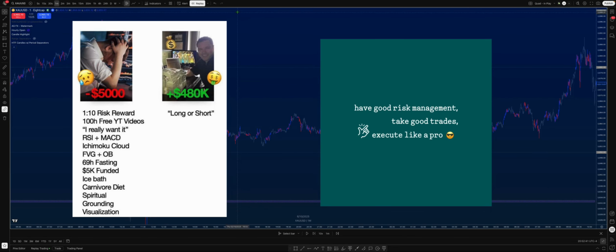It's not even in the picture. It's not even a thought that comes to his mind. So I feel like this poster really embodies that: have good risk management, take good trades, execute like a pro. Nice and simple, and it gives that really easy feeling of being there and not striving for something, but having achieved it, or knowing what your reality is.